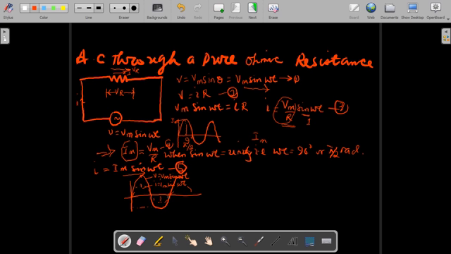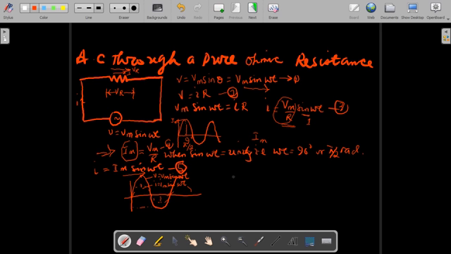So in a purely ohmic resistive circuit with an AC voltage applied to it, we say both the current and the voltage are in phase with one another, as can be seen from the current equation that was derived from the given circuit parameters.